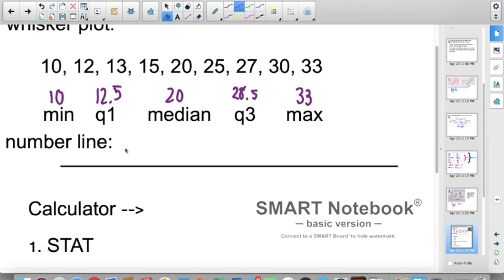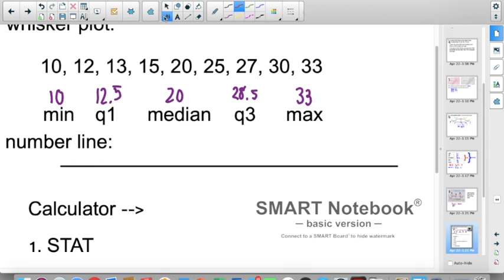So what is going to fit between 10 and 33? Well, let's go up by 5s. So let's say 5, 10, 15, 20, and actually these are not spread out enough.